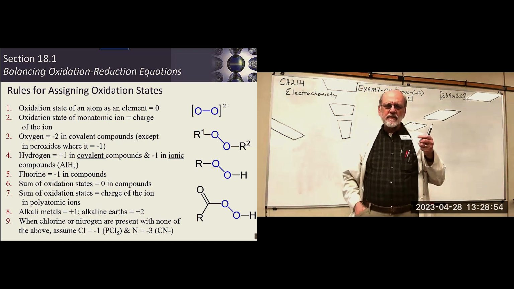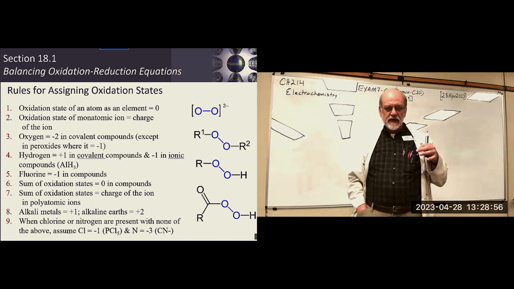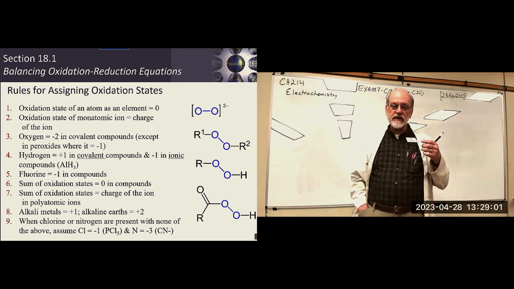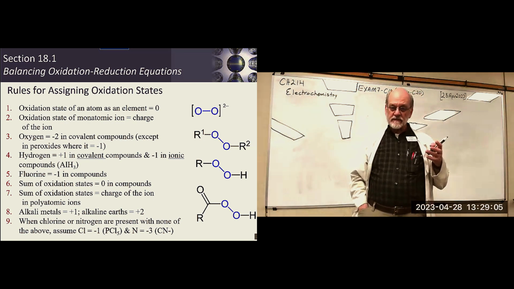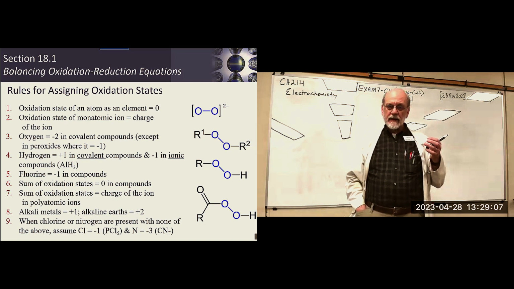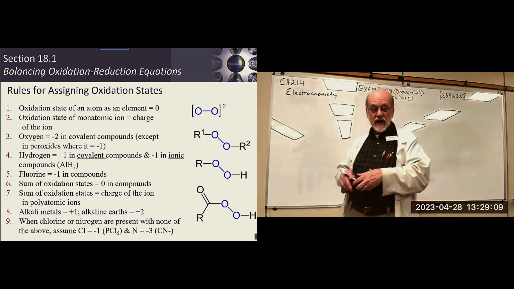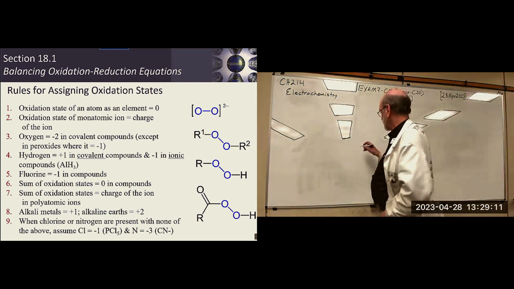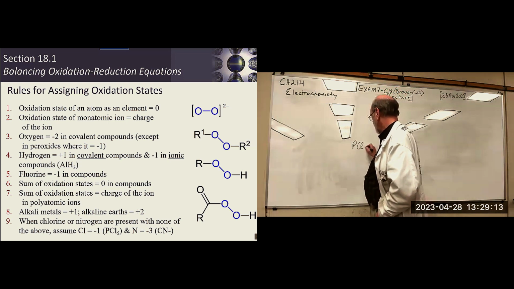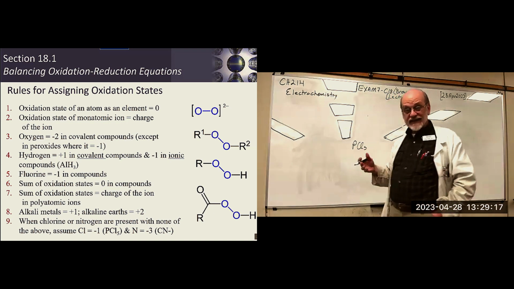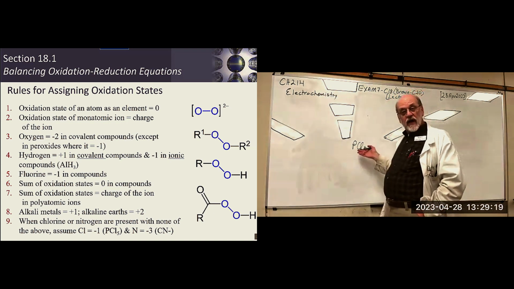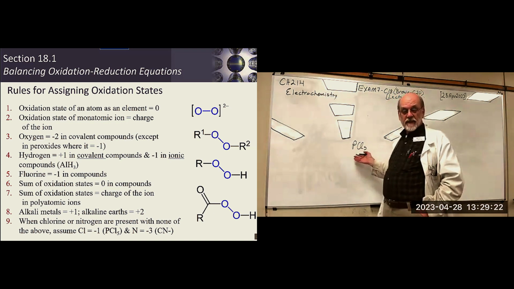When we get to other elements, especially the nonmetals, when we're assigning oxidation states, we have to make a choice. Our examples here are like PCl5. Where do you start? We haven't said anything about what's the oxidation state of chlorine.